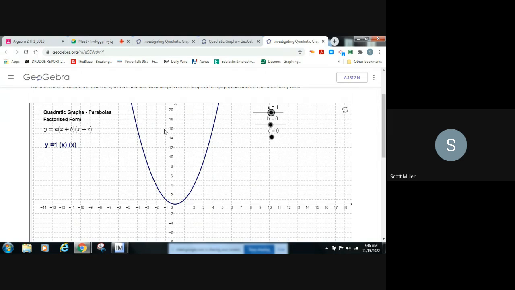What is the b? B and c are these numbers in here. Again, they did a different form than me. I like the x minus because that's the actual format. This is not the actual format. But look at what's happening. Watch the thing. This is the intercept form. So look at where the x-intercepts are. Right now, they're both at 0. But as I move it, see how it's changing? Look at my equation, x minus 3.